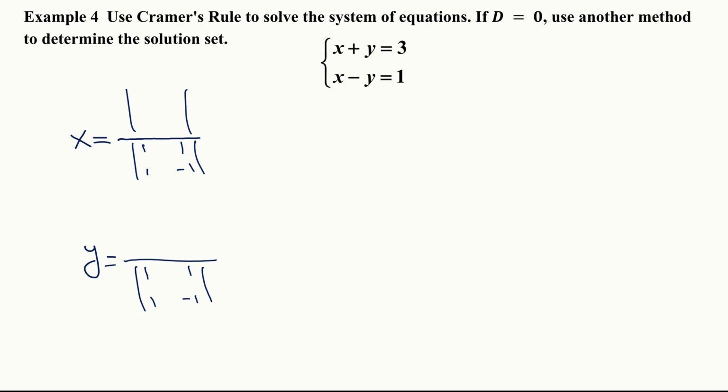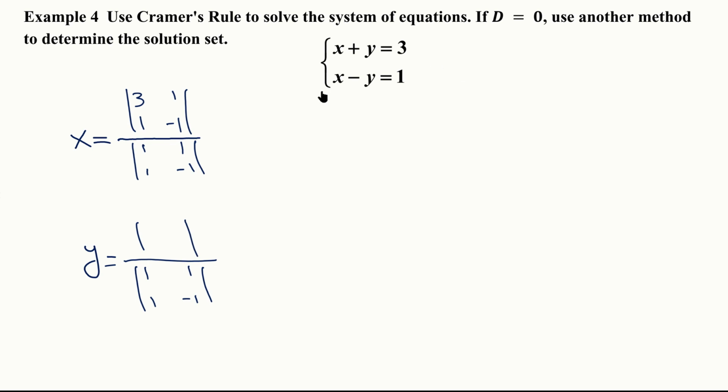on the top for the determinant called Dx, we're going to replace the coefficients for x with the constants from the other side. So 3, 1, and we will keep the coefficients for y. So 1, negative 1, okay?